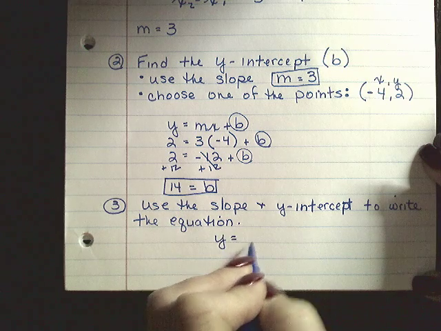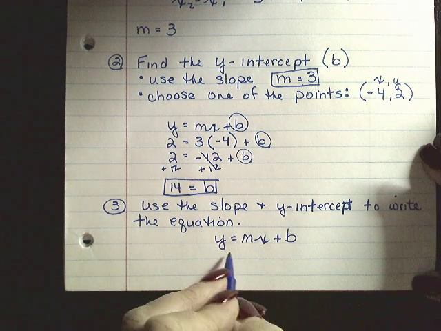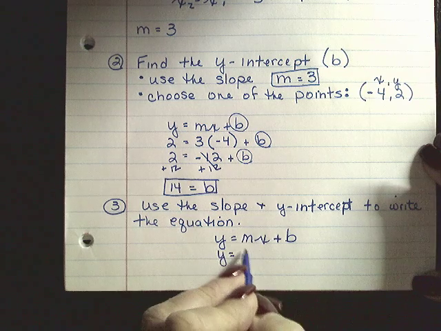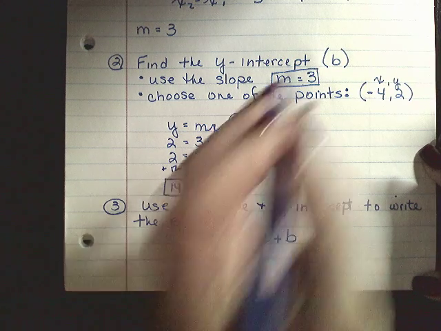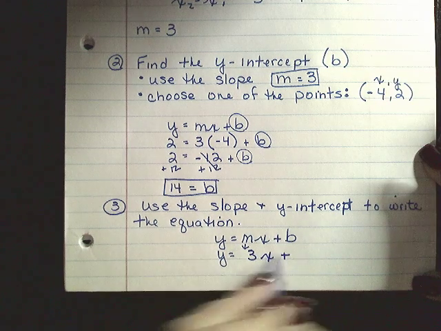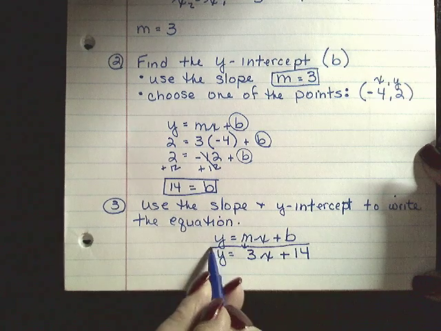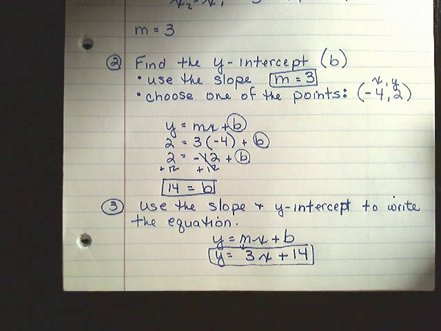So y equals mx plus b. I am keeping my y. I'm substituting my m with the 3 that I found earlier. And I'm substituting my b with 14. So y equals 3x plus 14.